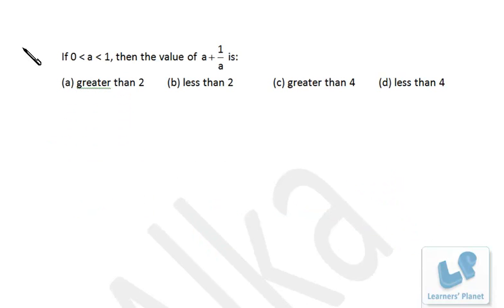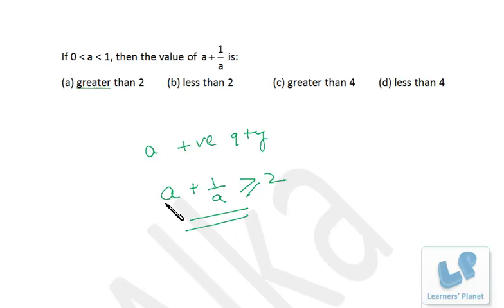Now this question: a lies between 0 and 1, then what is the value of a plus 1 upon a? Friends, a is lying between 0 and 1. That means a is necessarily a positive quantity, obviously, because it is greater than 0. So whenever this is a positive quantity, a number and its reciprocal sum is greater than or equal to 2, right?